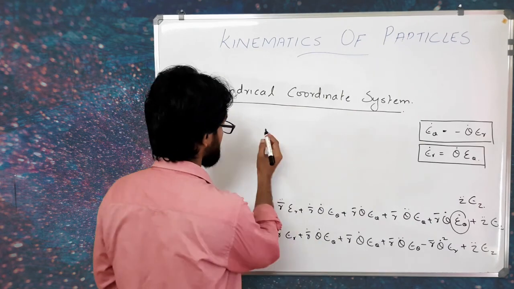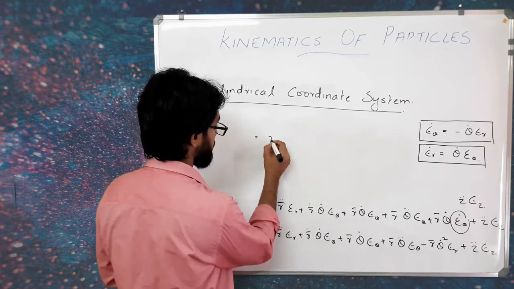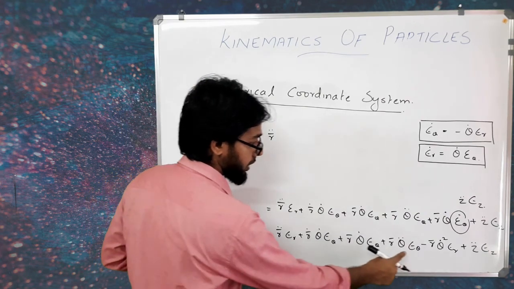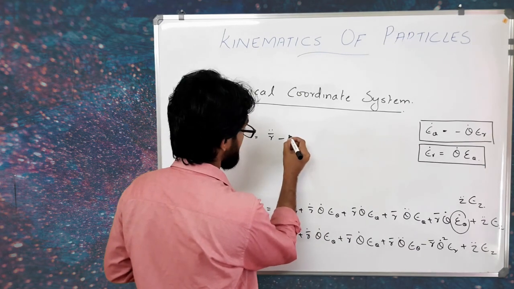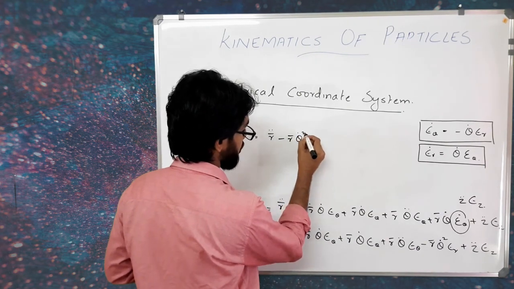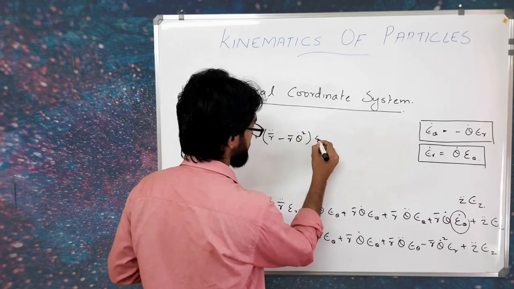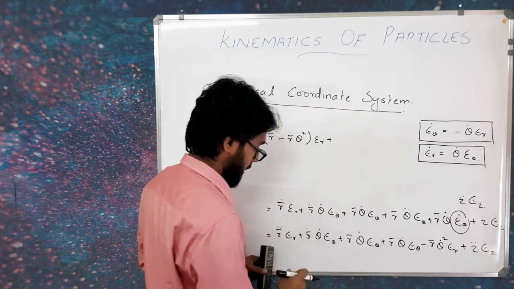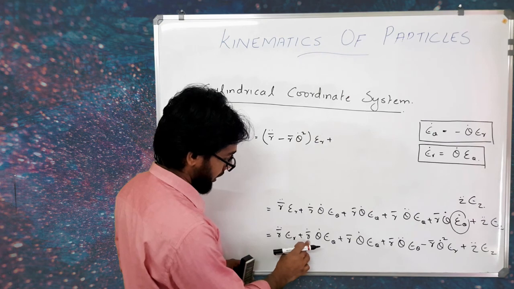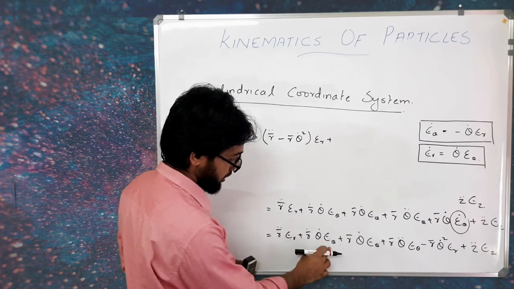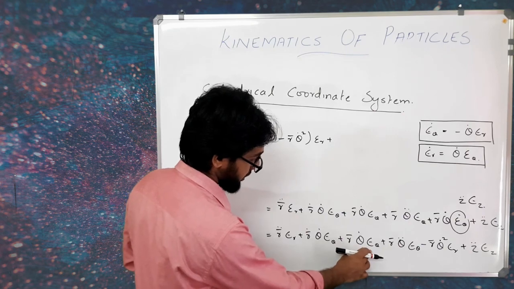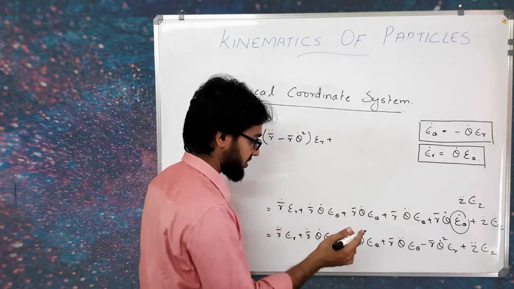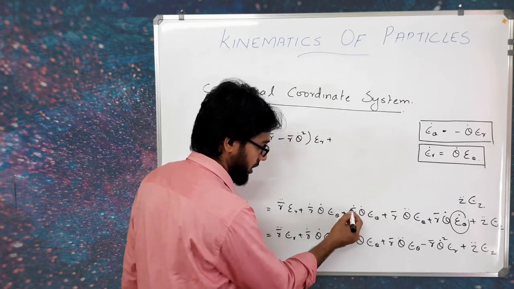If I club together the common parts, I have epsilon r here, r' double dot, and then here minus r' theta dot square, plus epsilon theta. I have here r' dot theta dot e theta, r' theta dot e theta, and r' theta double dot e theta. I think I have made a mistake here. It is here r' dot.